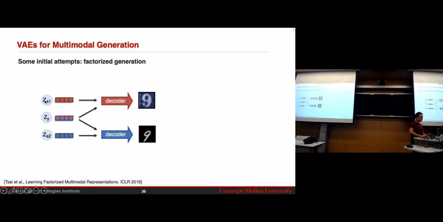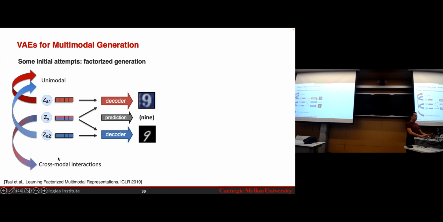And you can also have representations ZA1 and ZA2 that are independent and uniquely define the information in each modality. So ZY tells me my digit 9, which is the shared information. ZA1 tells me the style of my first image data set, and ZA2 tells me the style of my second image data set. So given combinations of them, you can generate images through a decoder. And for ZY, which is the joint information, that should also enable you to predict the actual digit 9.